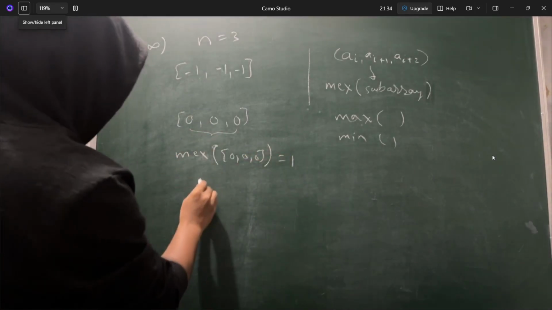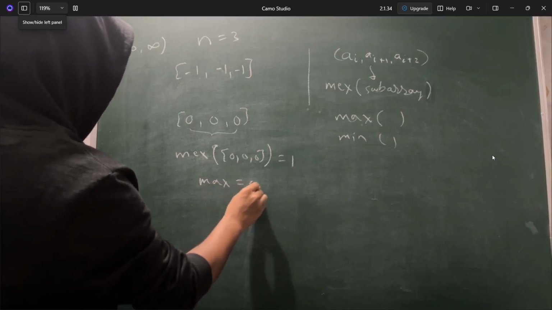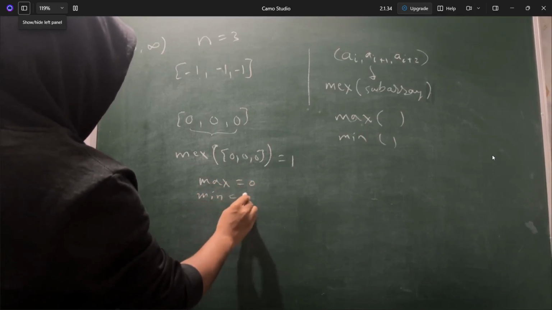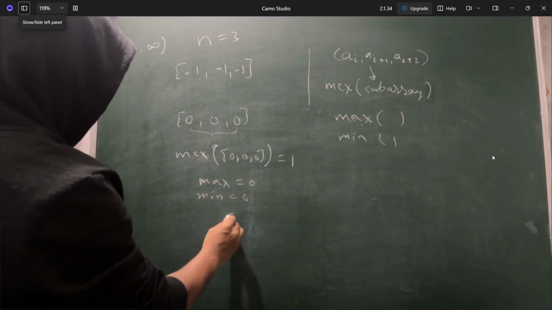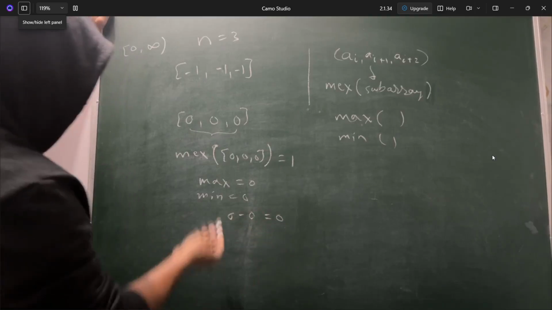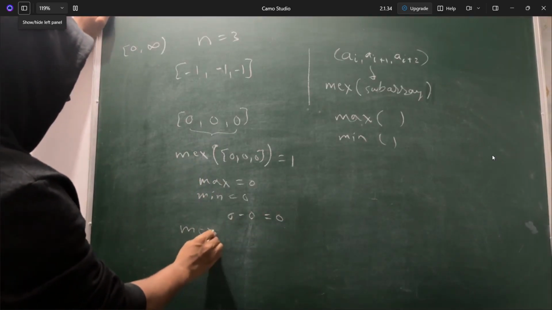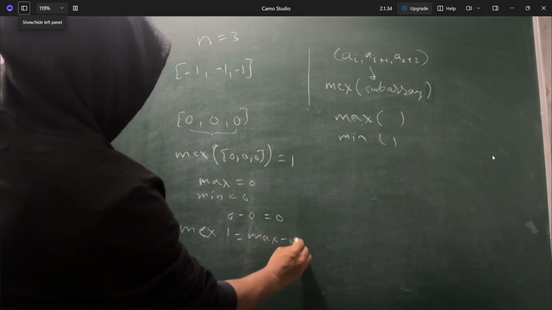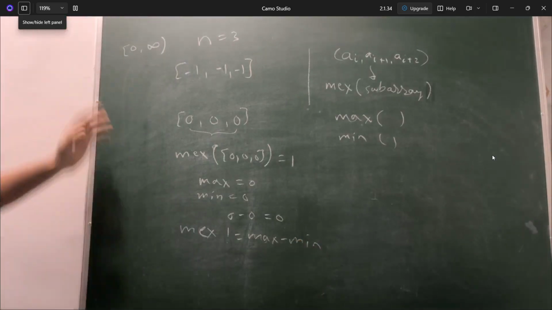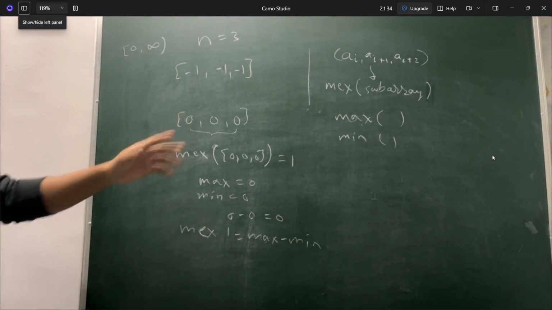And what is the maximum? The maximum element is 0. What is the minimum? The minimum is 0 among these 3. And if you take maximum minus minimum, that is 0 minus 0, which is 0. So clearly you can see that mex is not equal to max minus min. So in this case the answer will be no, but we have considered only 0.